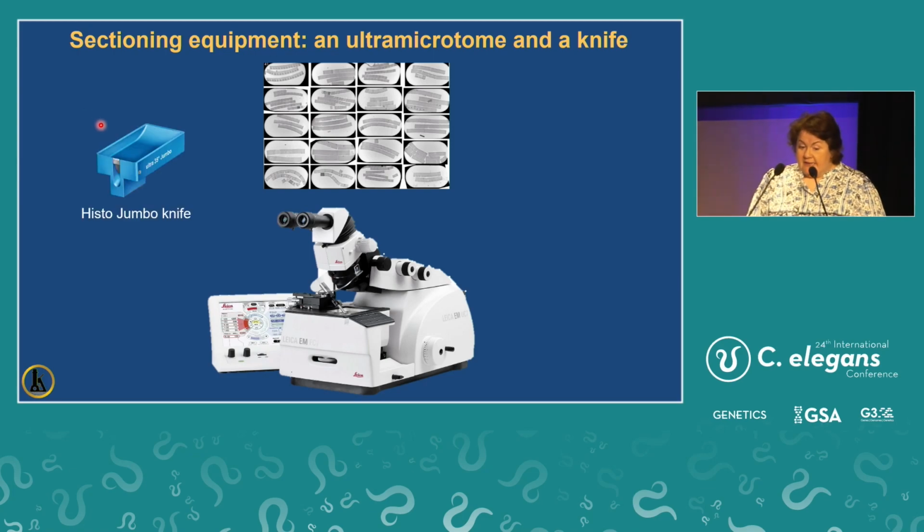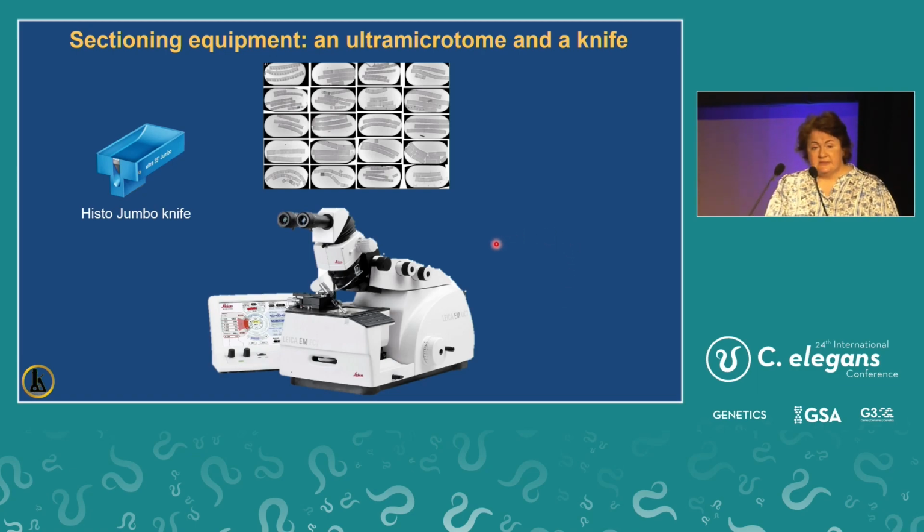One of the things, this array tomography technique proposed by Kristina Micheva from Stephen Smith's lab, was to actually avoid this step of picking the sections on the grid. That's why they started collecting the sections on a glass slide using a larger knife.